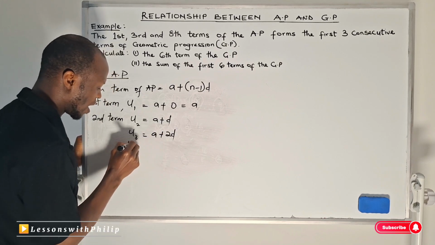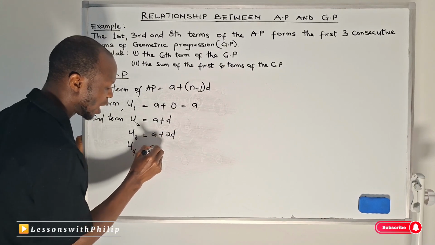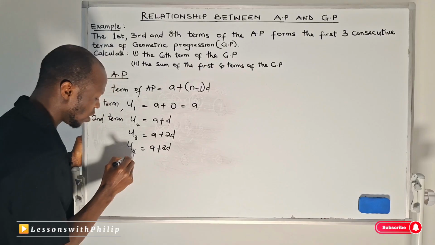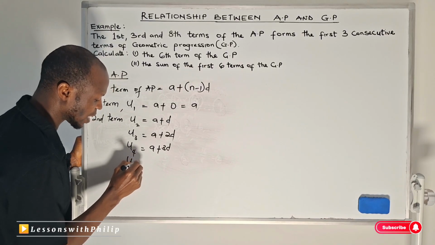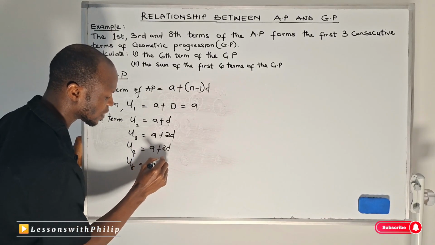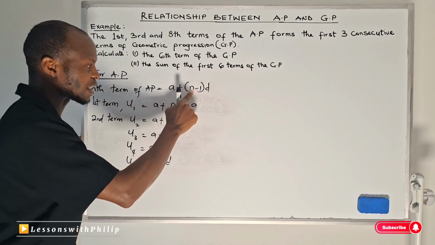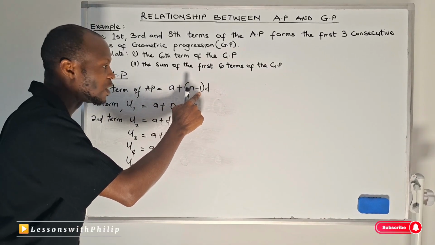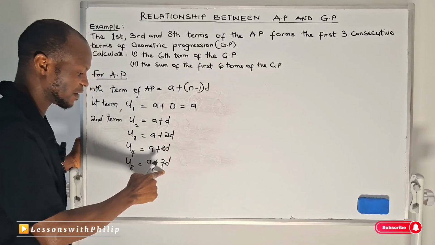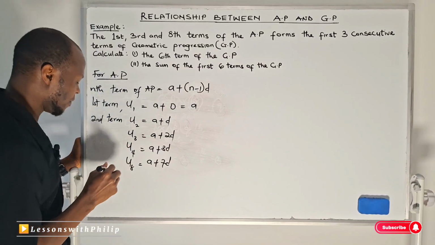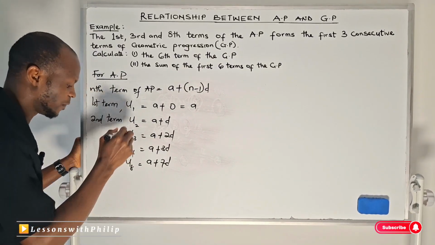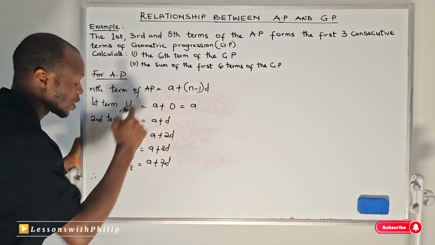Your fourth term will be what? A plus 3D. Now, your eighth term will be what? A plus 7D. Just put your n to be 8. 8 minus 1 will give us 7. 7 times D will be 7D. Do you get it?